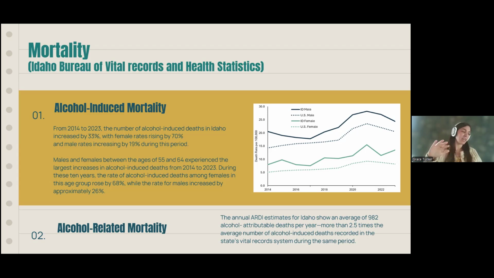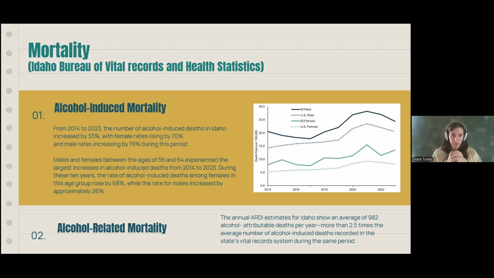It includes a lot, so go read the brief, but it mostly reflects chronic liver disease and cirrhosis. In that 10-year time frame, death among women increased by 70%, while alcohol-induced mortality among men only increased about 19%.